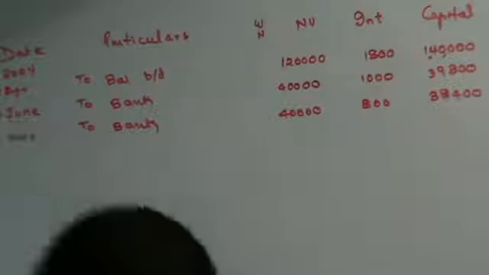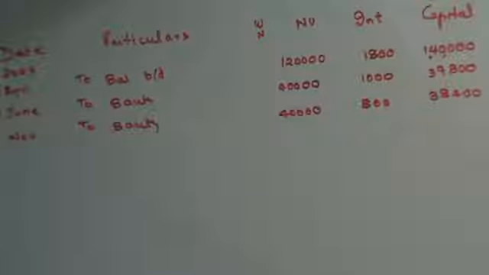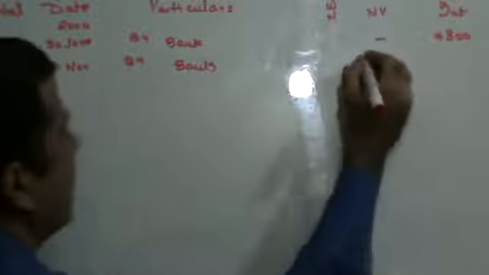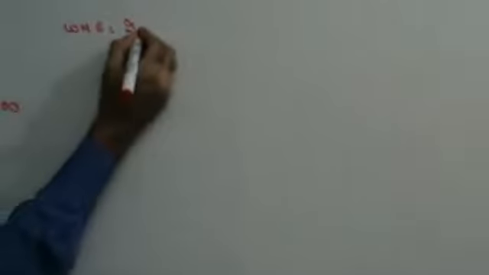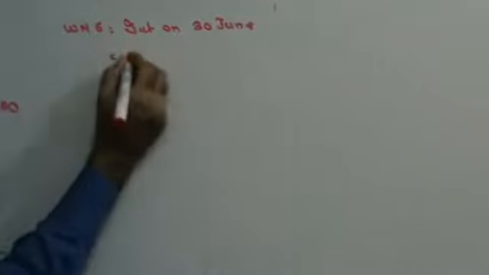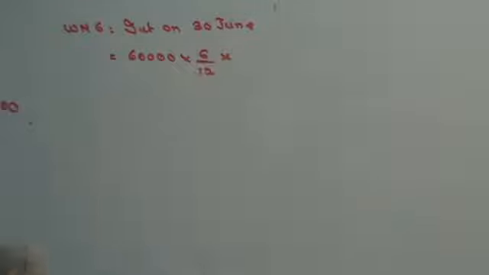Then on 30th November, I sold debentures. Sold. Debit what comes in, credit what goes out. On 30th November, I sold by bank 600 debentures of 100 each. That means 60,000. Let's see the working note for this. Working note 6: interest on 30th November. I've sold 60,000 worth debentures. These are 6% debentures.